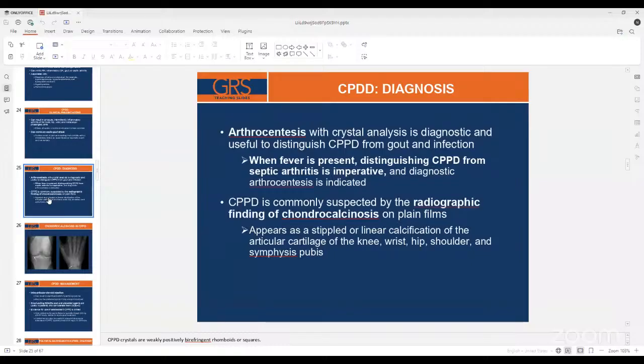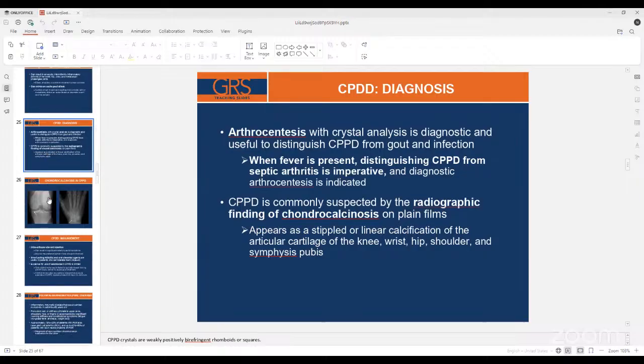So the diagnosis is through arthrocentesis with crystal analysis, and it's useful to distinguish CPPD from gout and infection. When there is fever, we should distinguish CPPD from septic arthritis, and diagnostic arthrocentesis is indicated.